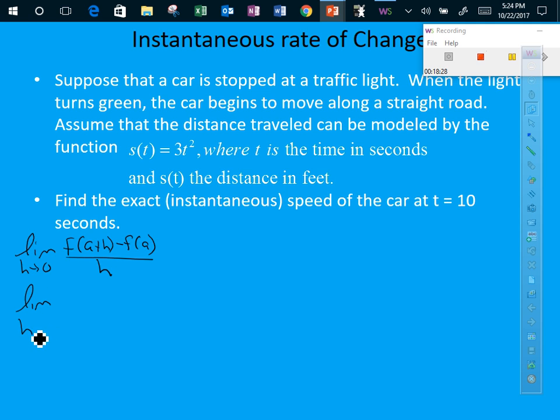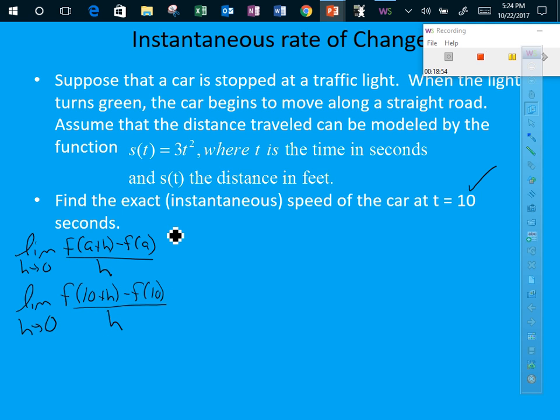The limit as h approaches 0, we would like to find the instantaneous rate of change, the exact speed, at 10 seconds. So we are going to find f of 10 plus h minus f of 10 all over h. Here's our main setup. Every one of our problems is going to start like this. We're going to put a value there and there.